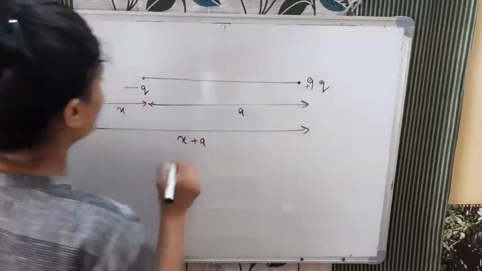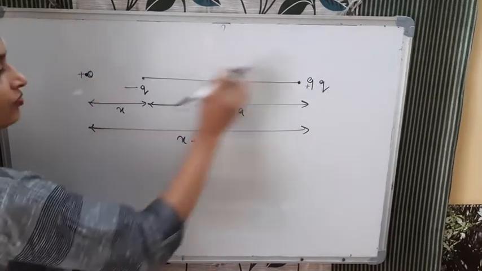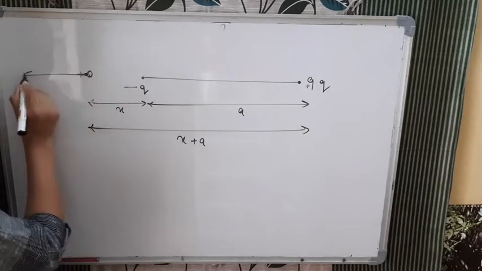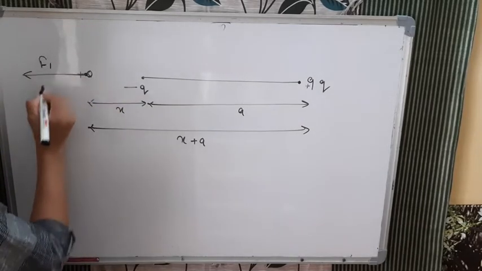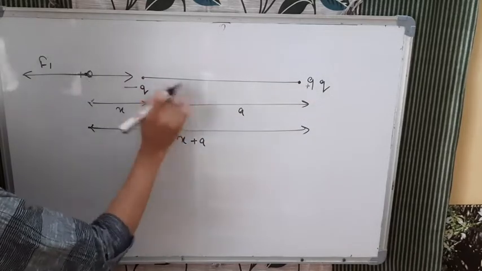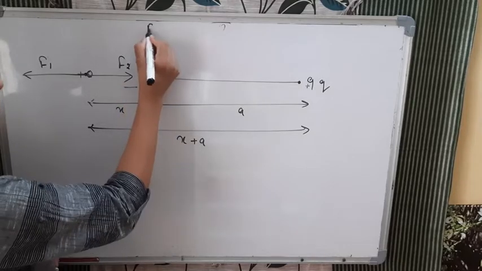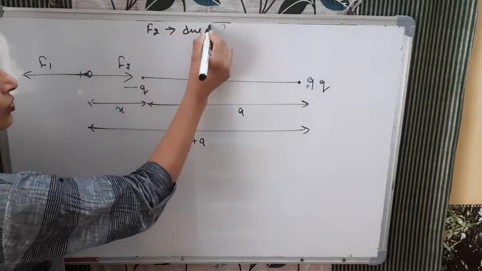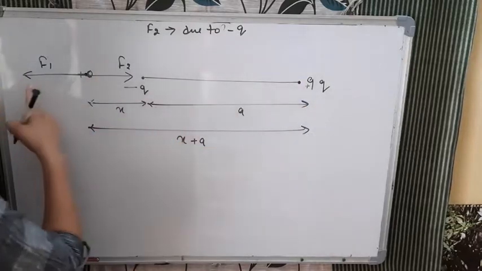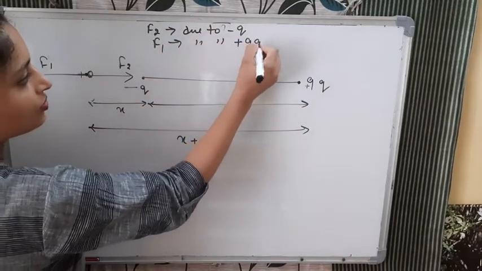Now again you need to find the two forces on this point, and always remember the line joining the two charges. So one force will be due to this minus q, F1, and one due to that, sorry, minus की वजह से इसकी तरफ attract होगा, F2. F2 is the force due to minus q, and F1 जो force है, that is due to plus 9q. समझ रहे हो?